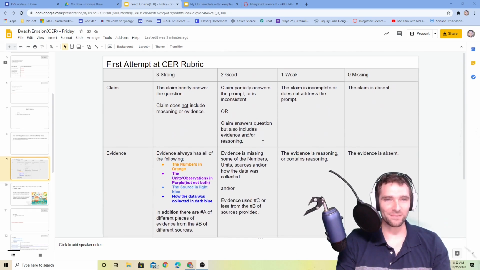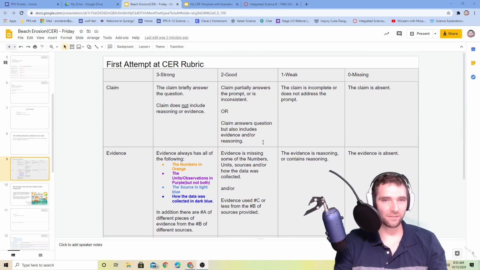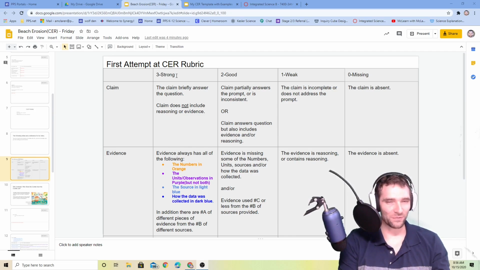So yeah, I know this seems like a whole lot going on right now, but a claim is basically good if it does not include reasoning or evidence. That's the most common mistake I see people doing: they start to go into the other pieces. A claim is just a short, brief answer to the question. It should answer the question completely, and it shouldn't contradict itself. I've seen students who, to a prompt, say both yes and no in their claim, and it's very confusing.